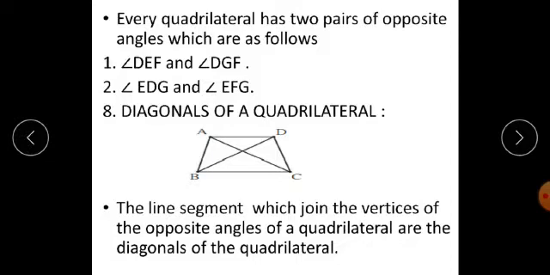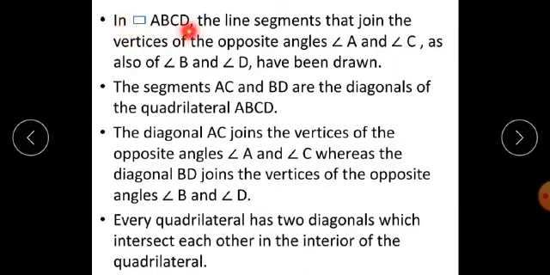Now students, if you see this figure, line segment AC joins the vertices of these two opposite angles, and line segment BD joins the vertices B and D of these two opposite angles. Therefore we say that in quadrilateral ABCD, the line segments that join the vertices of the opposite angles, angle A and angle C, as also of angle B and angle D, have been drawn.